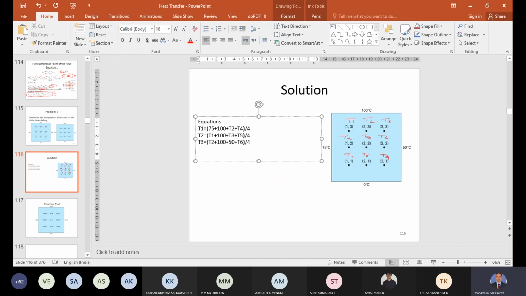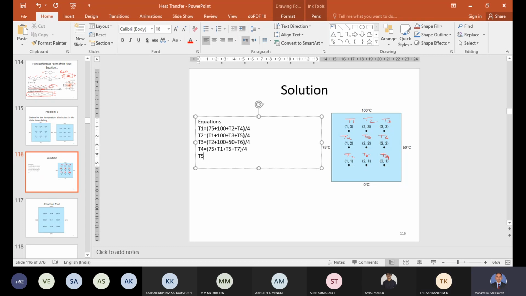Okay. Now further, T4 is equal to (75 plus T1 plus T5 plus T7) by 4.